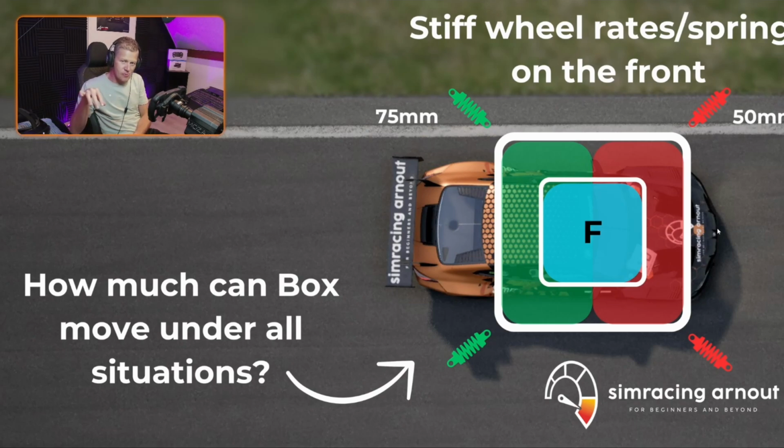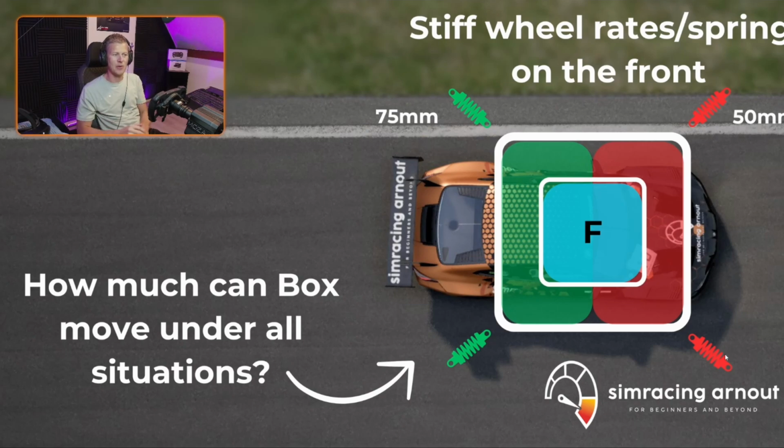If we have equal bump stop ranges on every wheel, and we have stiffer front wheel rates, this means that in a slower situation, like 150 kilometers per hour, the rake will change more to the back, so the car will be flatter.